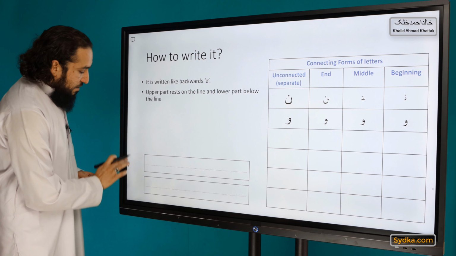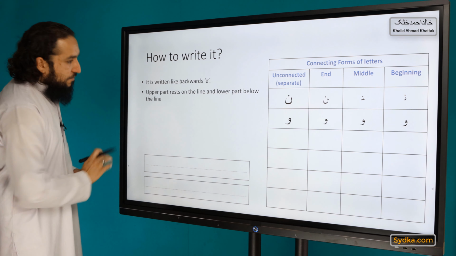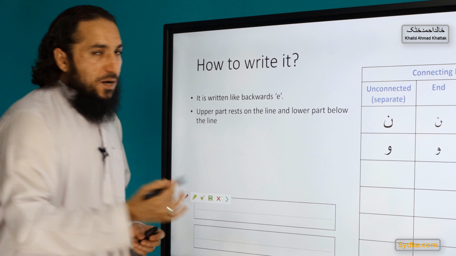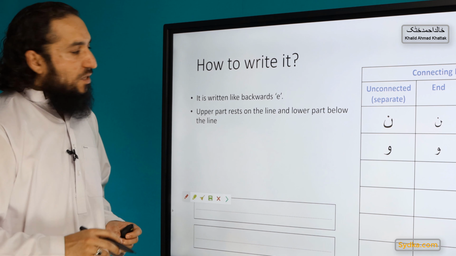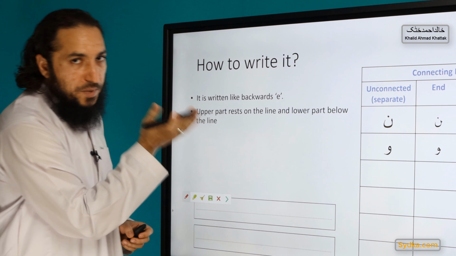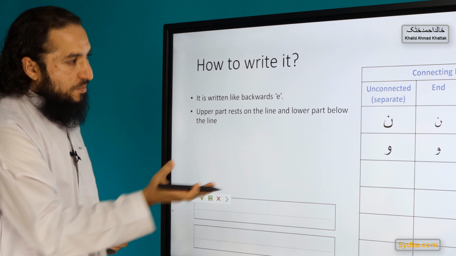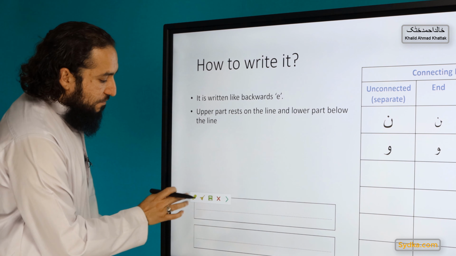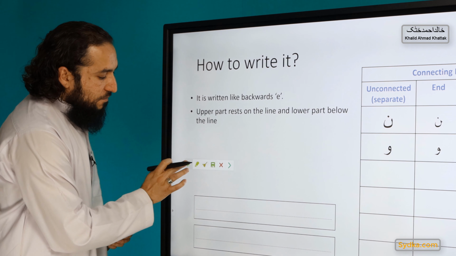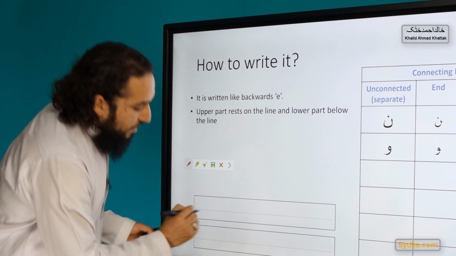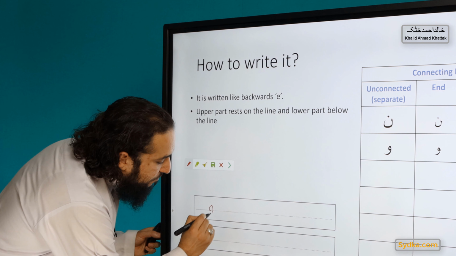How to write it? Let's explain that. It is written like a backward E, the E in English, and the upper part remains on the line, and the lower part remains below the line. You can see that we start from here.